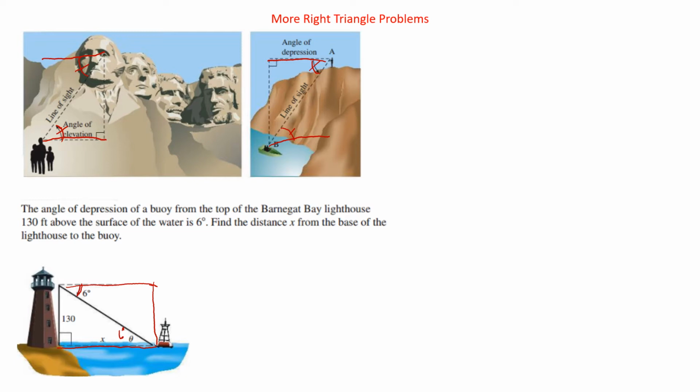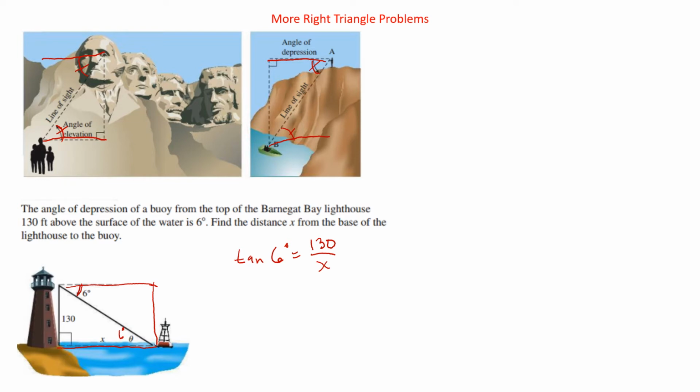First, we need to be dealing with two sides and an angle. So we have our angle, and the two sides would be the 130 and the x. Those would be the opposite and adjacent sides. What trig function has to deal with opposite and adjacent? That would be tangent. So we have tangent of 6 degrees will equal 130 over x, opposite over adjacent.